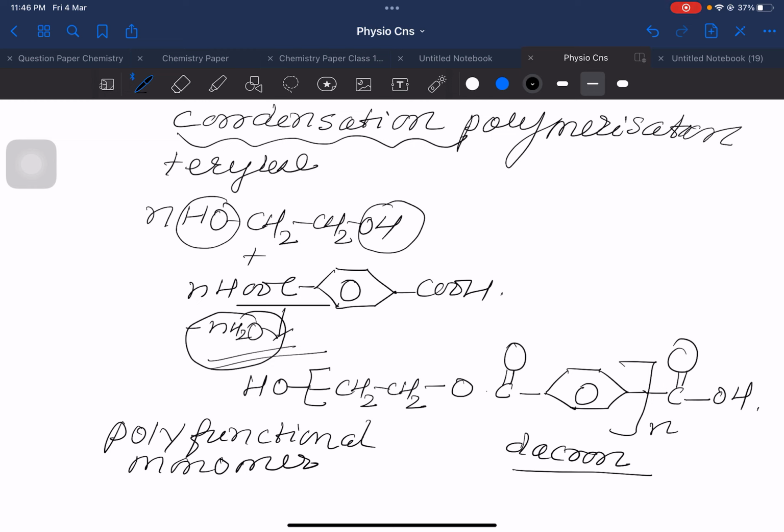In this type of polymerization, the chain growth occurs by a series of condensation steps. This is called step growth polymerization.